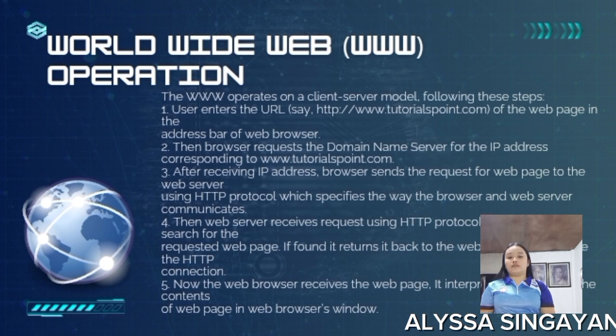If found, it returns it back to the web browser and closes the HTTP connection. And the last, the browser receives the web page, interprets it, and displays the content of the web page in the browser window.